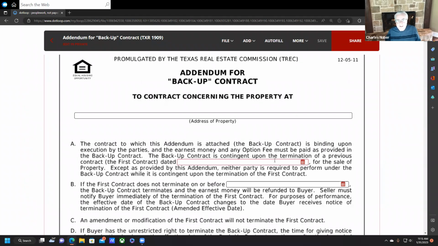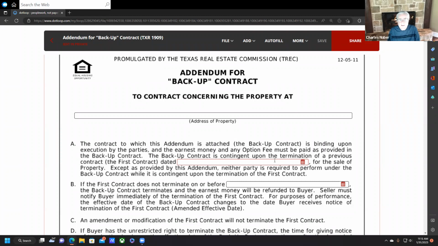Okay, if they're interested in that backup contract, typically it's going to be for more money than the original contract they executed. So you're going to need to do your market study, make sure your client's not overpaying. Just because they listed it at $350 doesn't mean that that's the contract they have executed, and probably the listing agent is not going to share the amount with you.